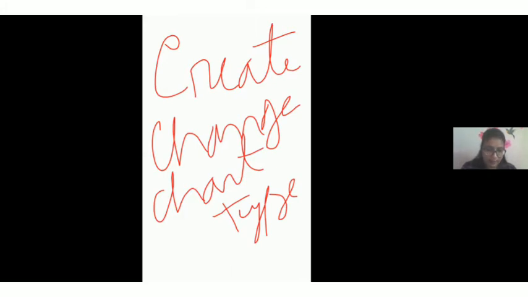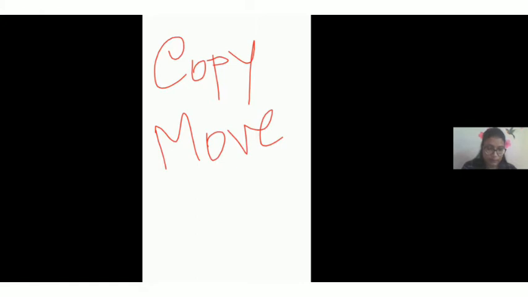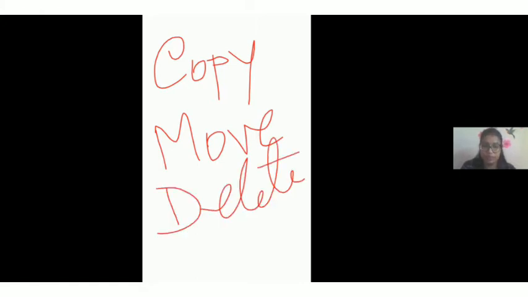And next one is how to copy a search, how to move a search, then how to delete a search. So these are some simple operations we can perform on a search. Next, I have added some tips to make a search more effective. So these things are going to be explained in this video.